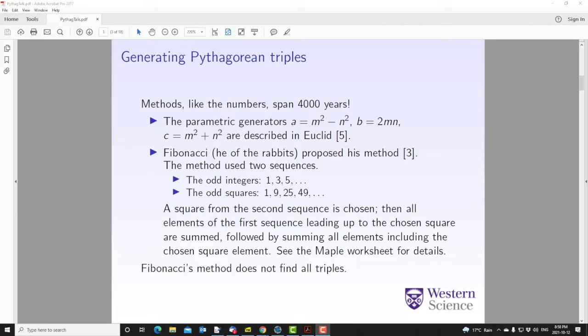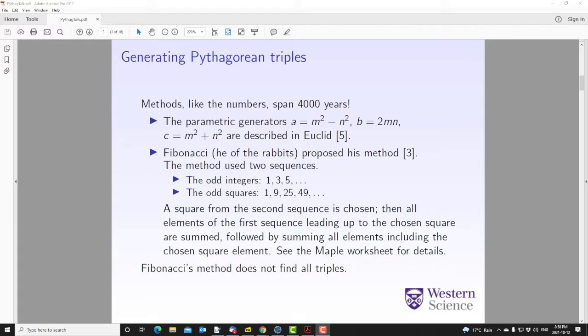The first sequence is just the odd integers, and the second one are the odd integers which are also squares. The method proceeded by choosing a square from the second sequence, and then finding its location in the first sequence, and then adding up all of the elements in the first sequence up to and including the chosen number.